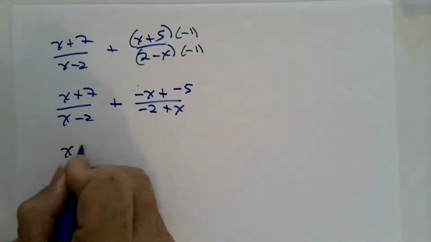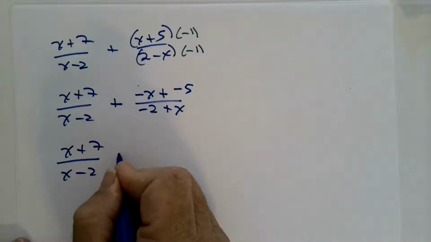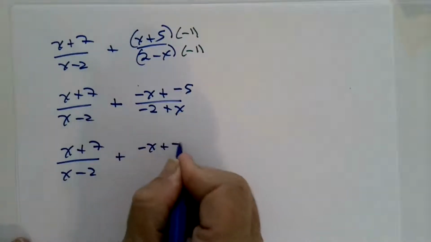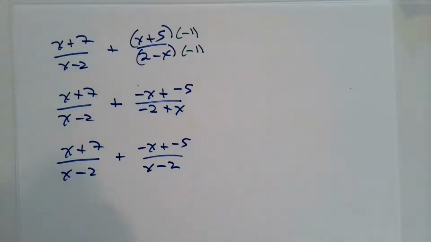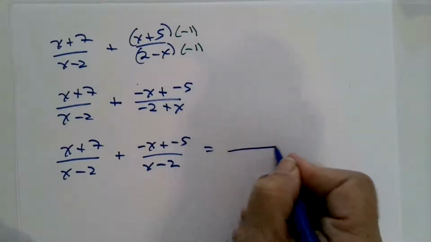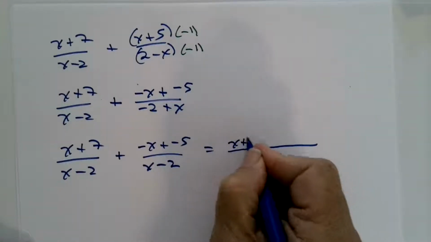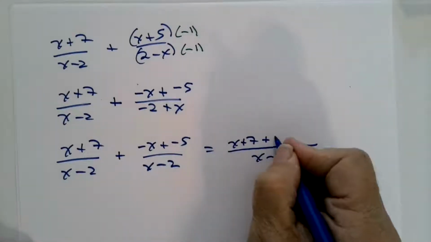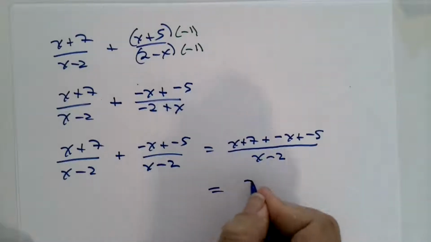Notice now we have a common denominator using a slightly different strategy, maybe a simpler strategy: -x plus -5 over -2 plus x, which is x minus 2. Now I have a common denominator of x minus 2. So we'll take x plus 7 plus -x plus -5, and we get 2 over x minus 2, same answer as before.